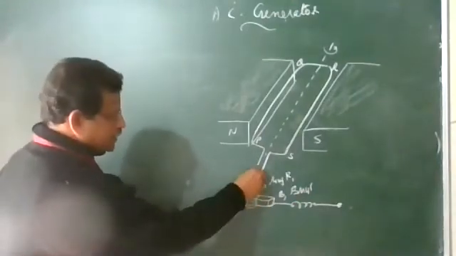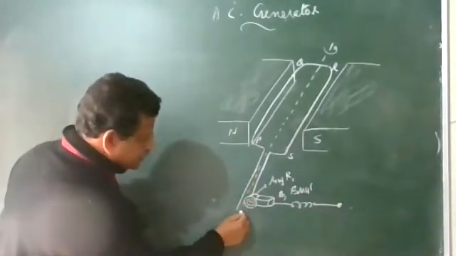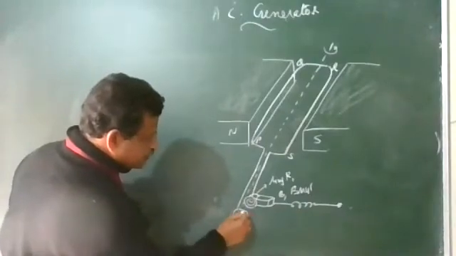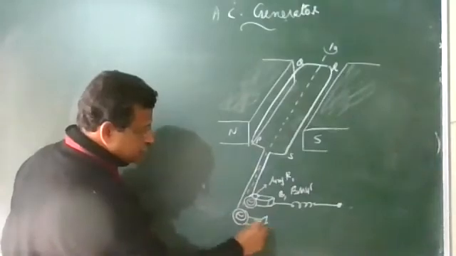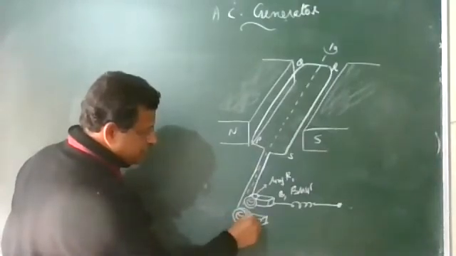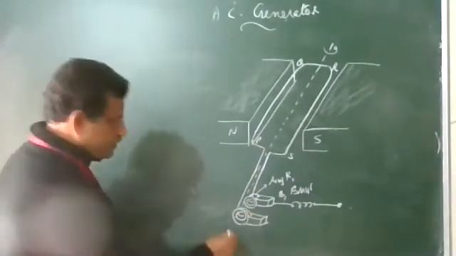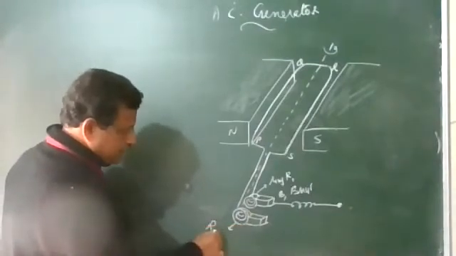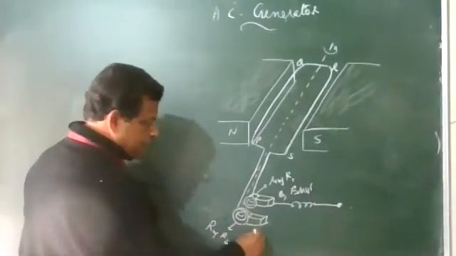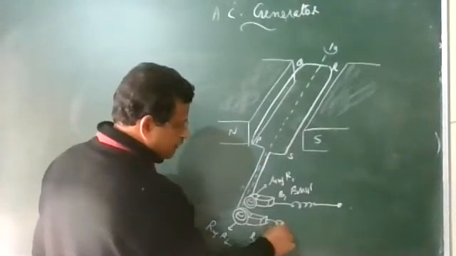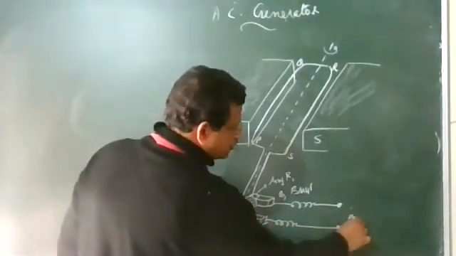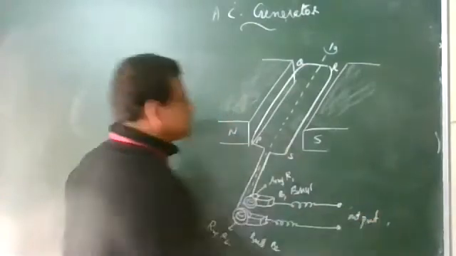The other end of the coil is connected to the second ring, two circles and a cut, and this is the brush system arranged like this. You can refer to NCERT for the same diagram. So here is ring R2 and this is brush B2, and from here we take the connection out to the resistance.